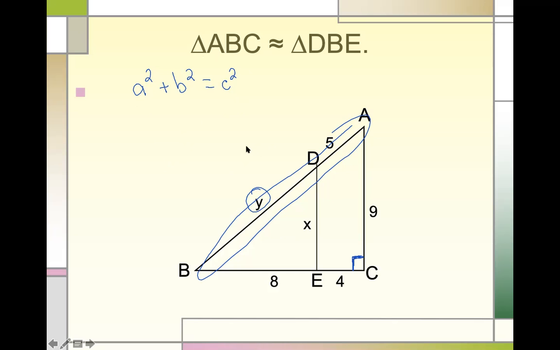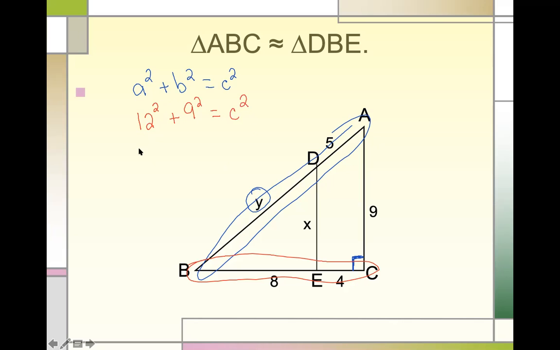So what is the length of leg A? What is that length? 12. Good. Yeah, it is 12. All right, so we have 12 squared plus the length of leg B, which is 9. 9 squared is equal to C squared.